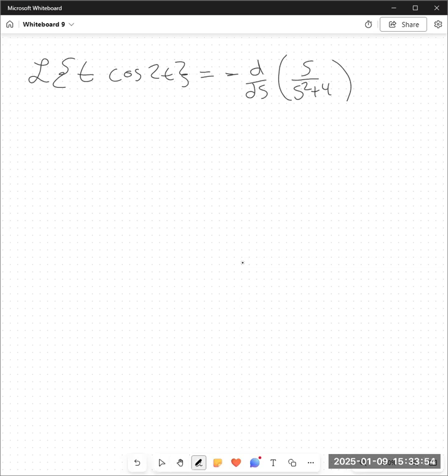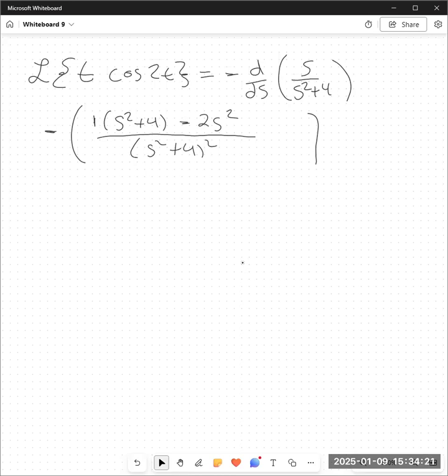So we have negative, and we have derivative of the top times the bottom minus derivative of the bottom times the top, all over the bottom squared.